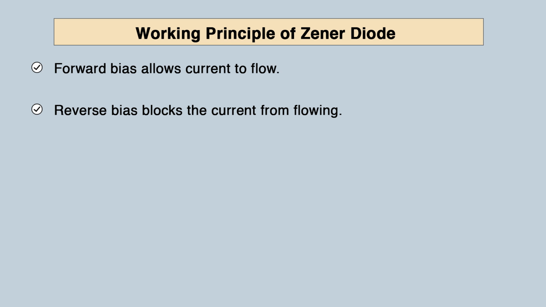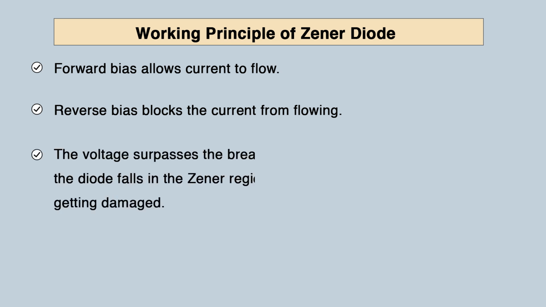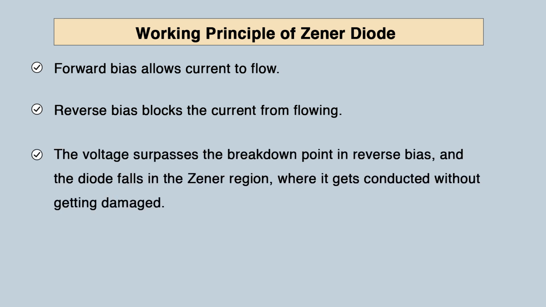If reverse bias voltage is less than the breakdown voltage, or if it is forward biased, then it acts as an ordinary diode. And if the voltage surpasses the breakdown point in reverse bias, the diode falls in the Zener region, where it conducts without getting damaged.